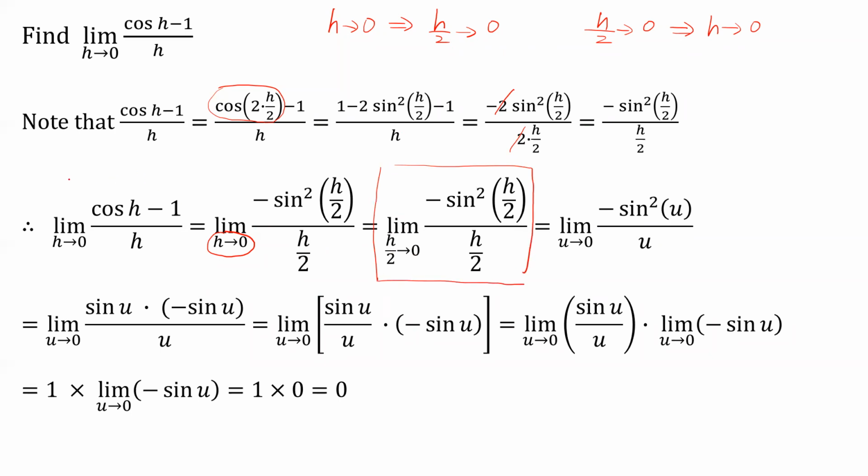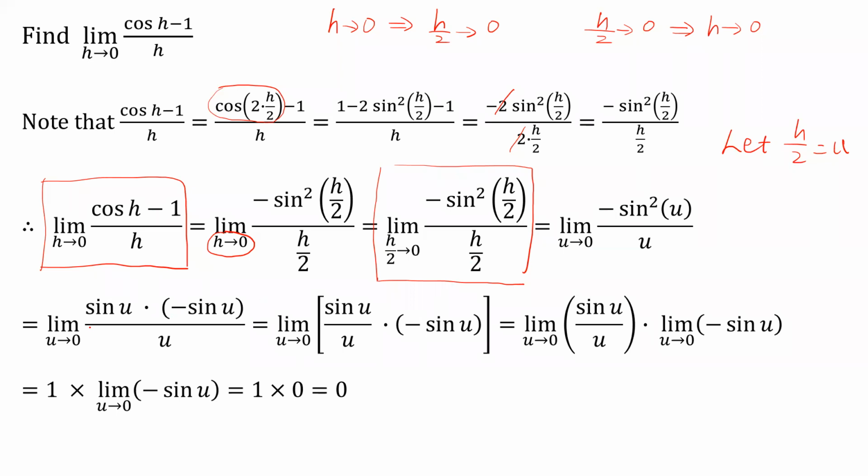The original limit is actually the limit of negative sine half of h squared over half of h as half of h approaches 0, right? Okay, so we can let half of h equal u, right? So this limit is actually the limit of negative sine u squared over u as u approaches 0, right?